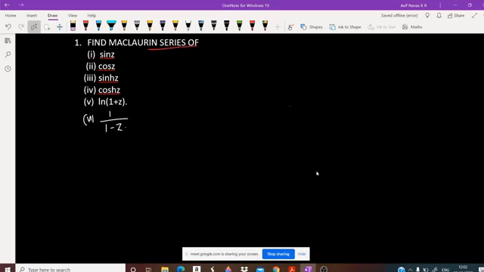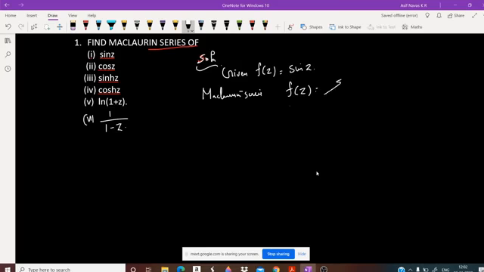So here I will write the solution. Here given f of z is equal to sine z. Okay. So Maclaurin series is, what is the formula? f of z is equal to sigma n equal to 0 to infinity f nth derivative at 0 by n factorial into z power n.